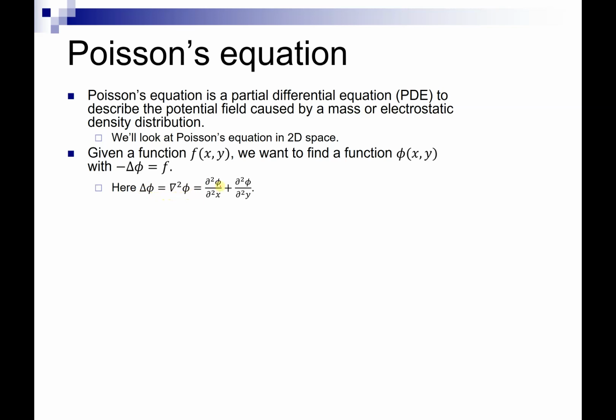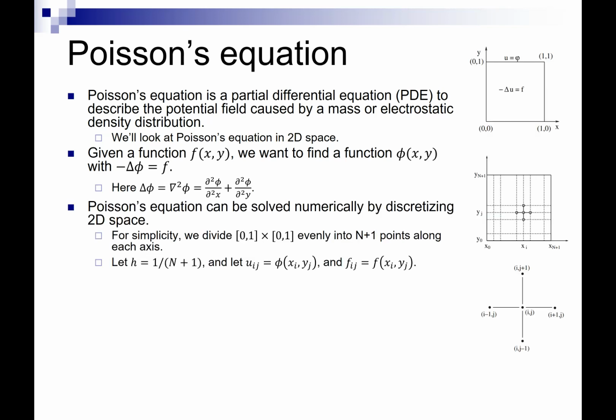The Laplace operator works in a 2D space, and phi is a function on this 2D space. This operator takes the second derivative of this function in the x direction and adds it to the second derivative in the y direction.